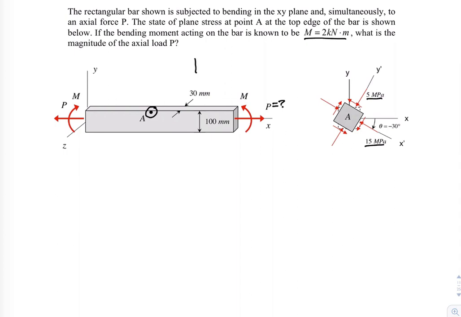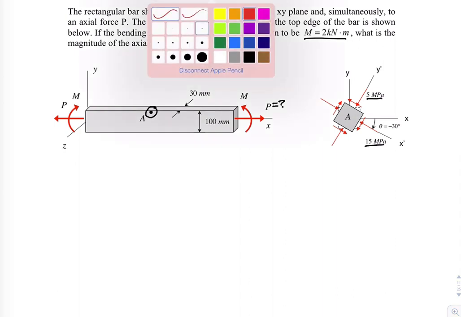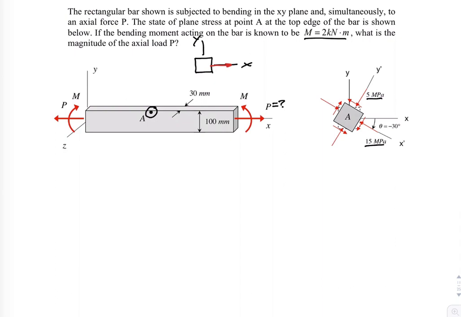If I look at the state of stress at A, and if I don't rotate that stress element, I just keep it aligned with x and y, like this. The components of stress that I have are simply sigma x.